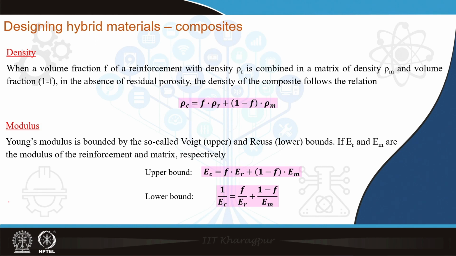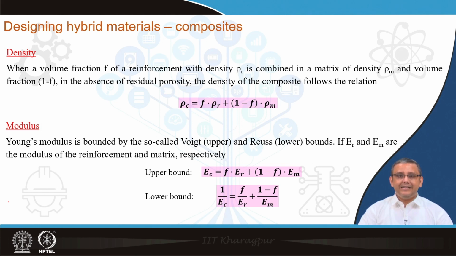Now, it is generally a convention for composites to refer to the composite property with a suffix C, the reinforcement property using a suffix R or F, and the matrix property using a suffix M. As you can see, this upper bound is the arithmetic mean that we learned in the last lecture, and the lower bound is the harmonic mean we also learned in the last lecture.